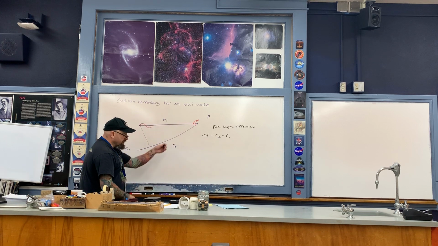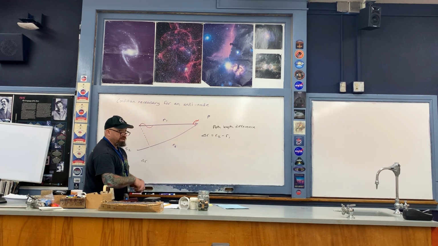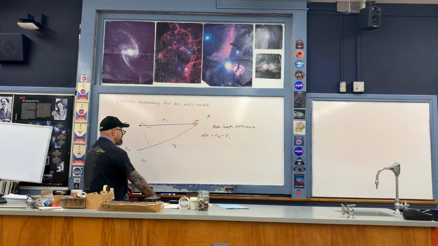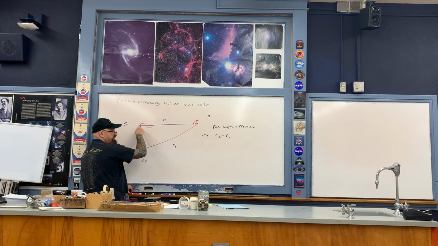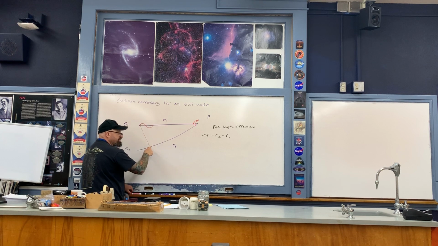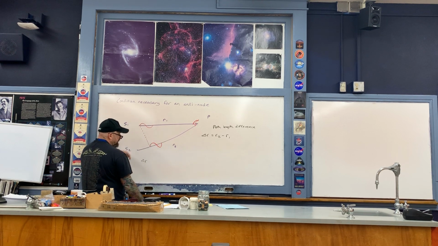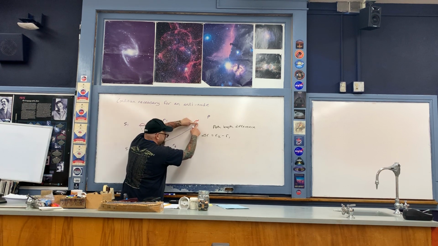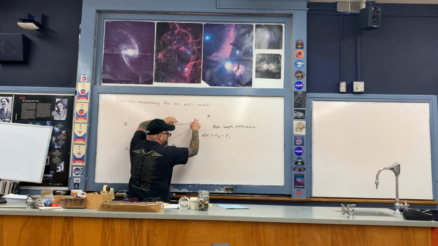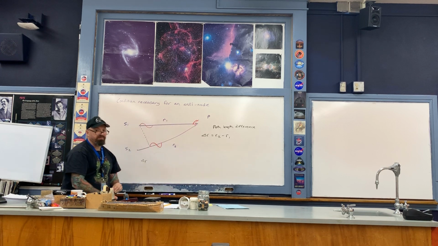Okay, now, in order to get an antinode at point P, the following has to happen. If I have a sine curve coming out of S1 at this instant in time, then coming from this point here, which is the same distance away from point P as S1 is, also has to be a sine curve, like so. Such that then these two sine curves travel the same distance in the same amount of time. They then arrive at point P together entirely in phase.